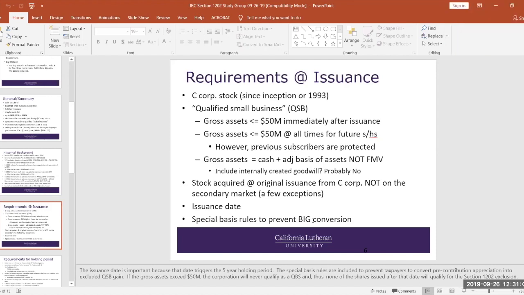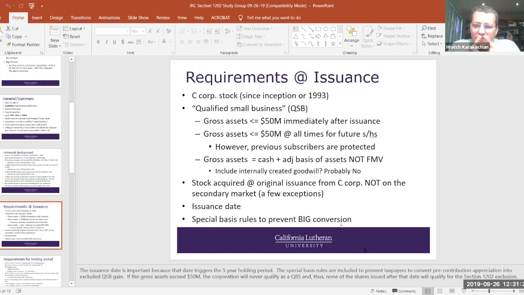Right. So even if that company is going to be appreciating a lot, at the moment of the transfer, the fair market value is still not there yet. But anyway, I understand the prevention of basis conversion here.